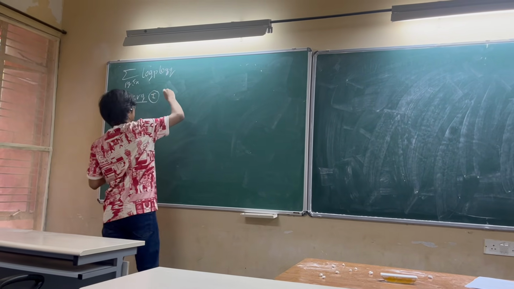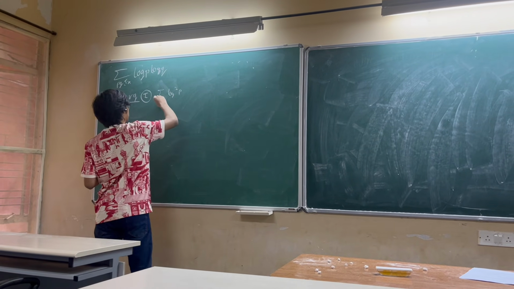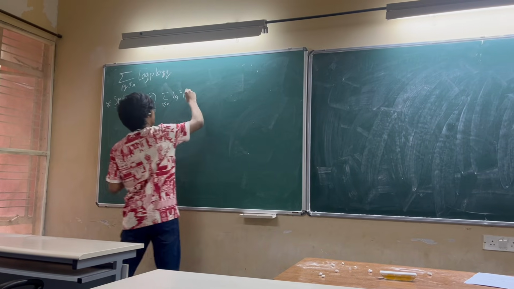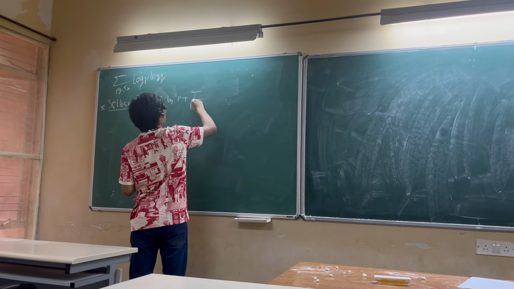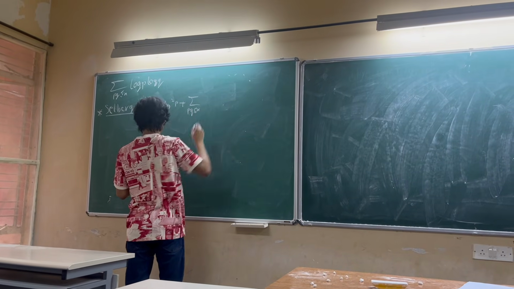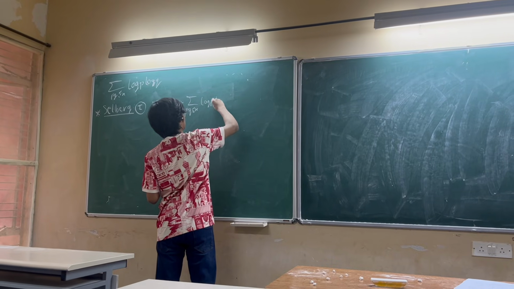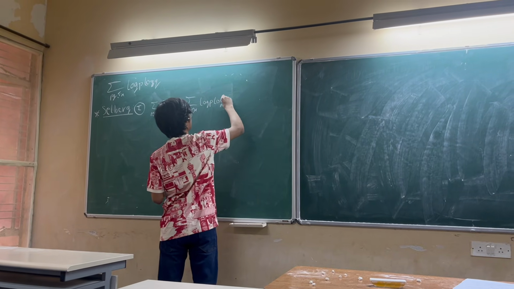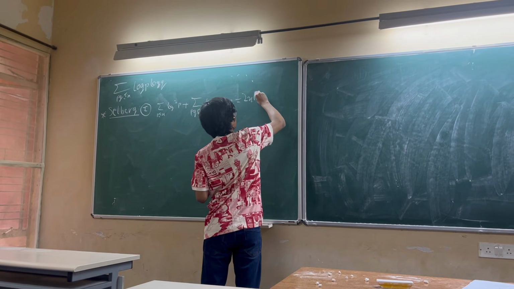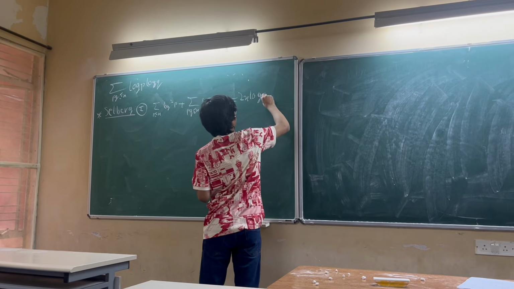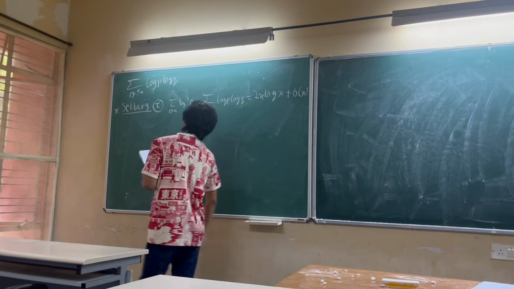One: the summation of log squared p, where p is a prime, plus the summation over pq less than or equal to x of log p log q is equal to 2x log x plus something of the order of x. This is the first one.